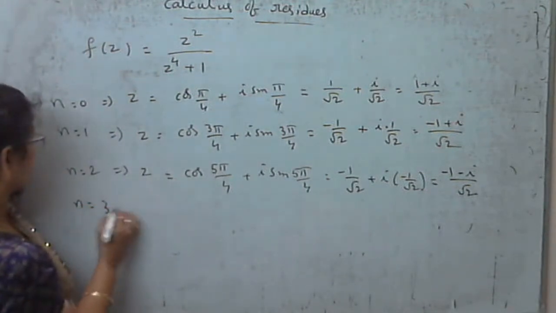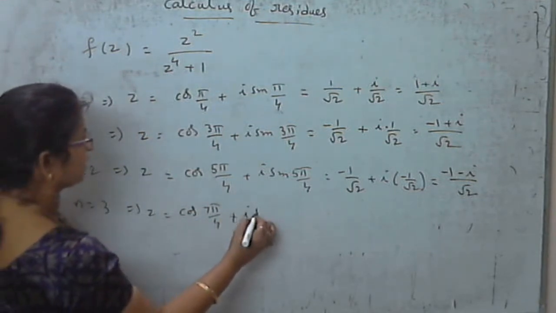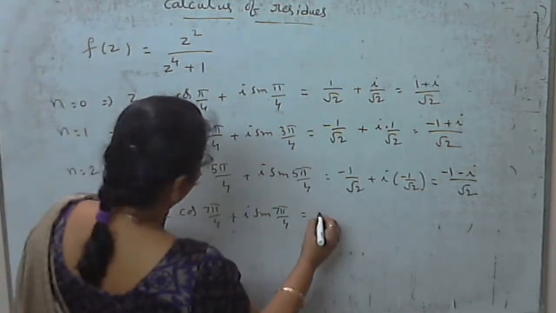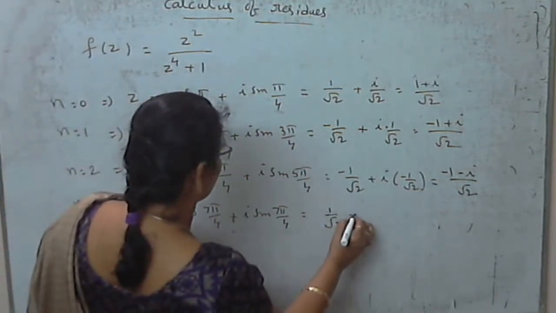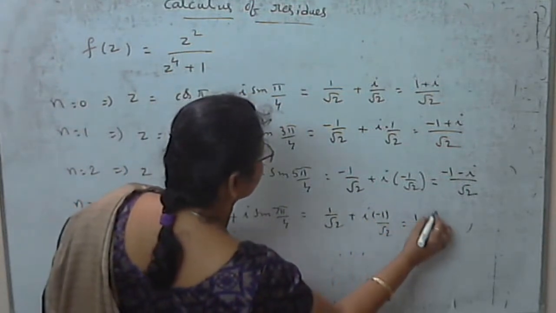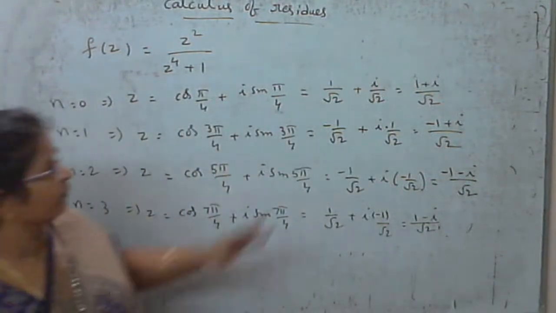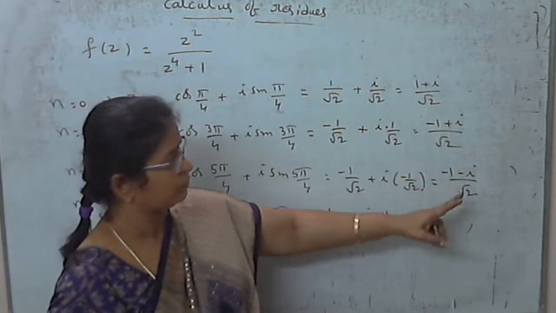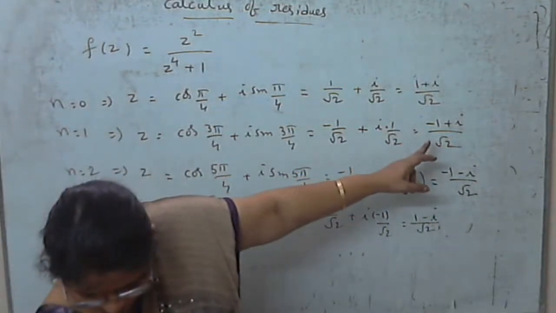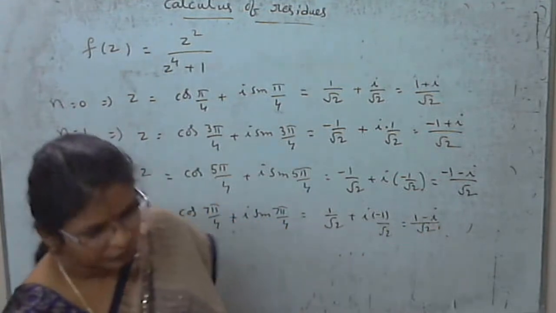Next, n equal to 3. z equal to cos 7 pi by 4 plus i sin 7 pi by 4. 7 pi by 4 is the fourth quadrant, where cos is positive, so 1 by root 2 plus i into minus 1 by root 2, that is 1 minus i by root 2. So these are the poles: 1 plus i by root 2, minus 1 plus i by root 2, minus 1 minus i by root 2, and 1 minus i by root 2.